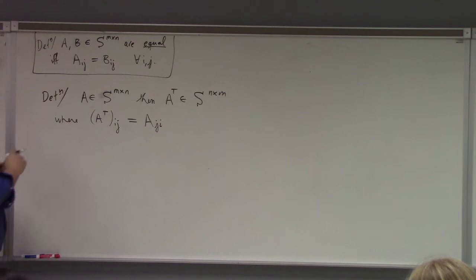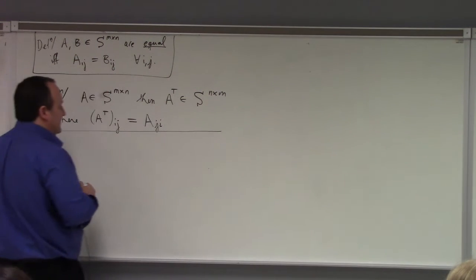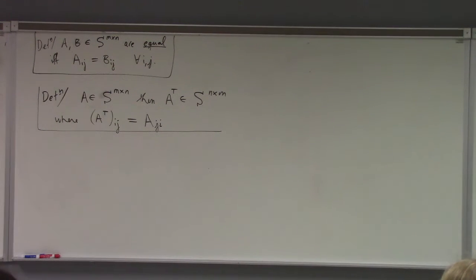And that suffices to define it, because of our notion of equality right above. It suffices to define the ijth component. That defines the matrix, because two matrices are equal if they have all matching components. So that stands to reason that's enough to define the transpose. All right. What else can I tell you?